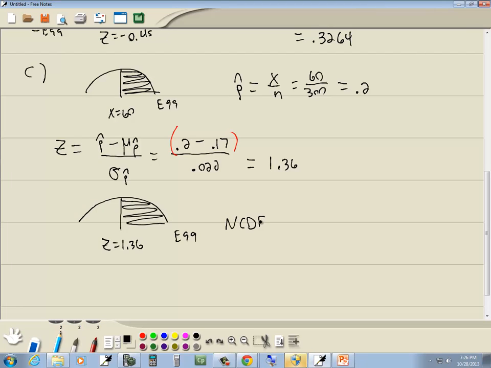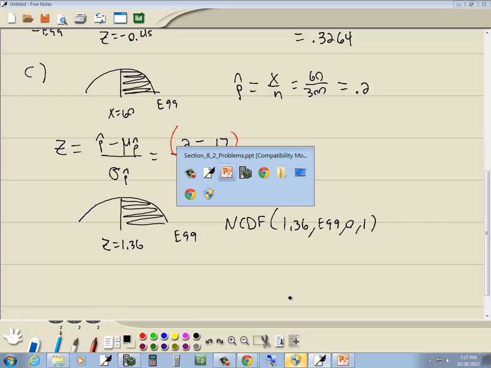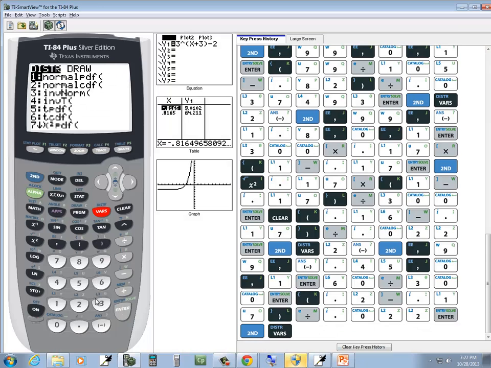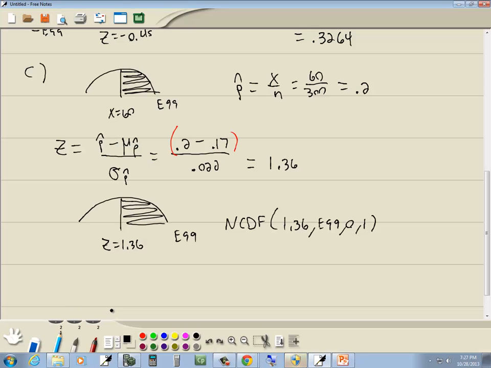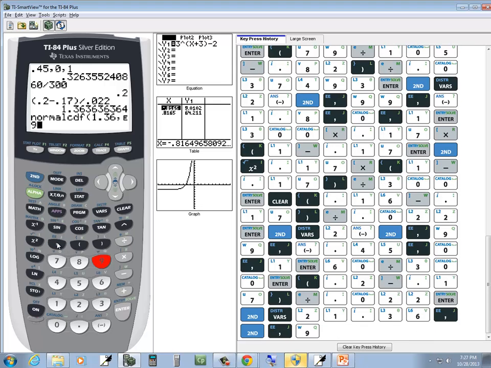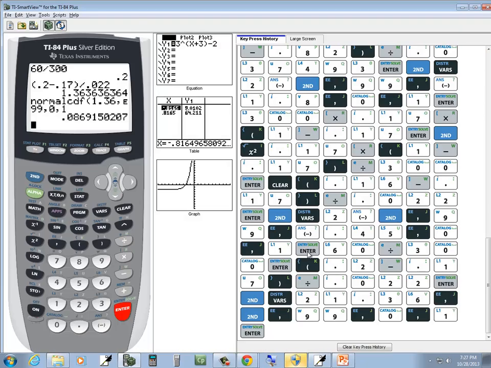So we'll do second vars, normal CDF, 1.36, comma, second, comma, 99, comma, 0, comma, 1. Enter. And we get 0.0869.